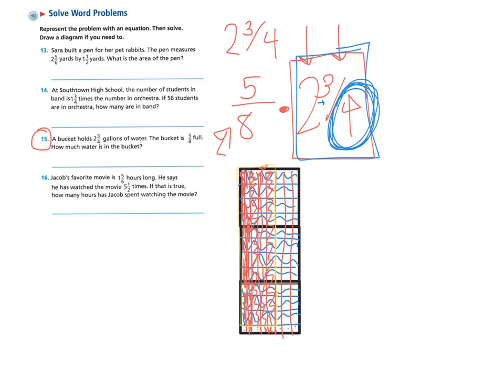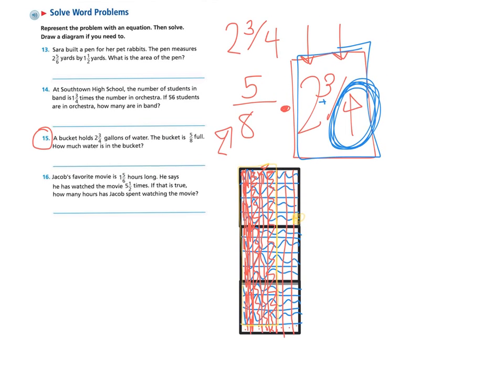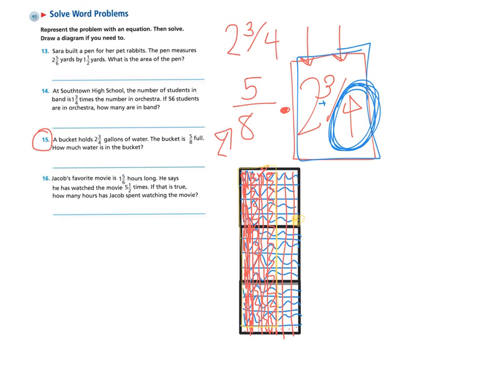And if I'm looking at what this unit fraction is, this unit fraction here is 8, which is how many we divided it this way, times 4, which is how we divided it this way, which gives us 32. 8 times 4 is 32.